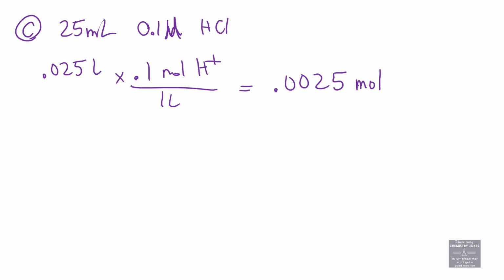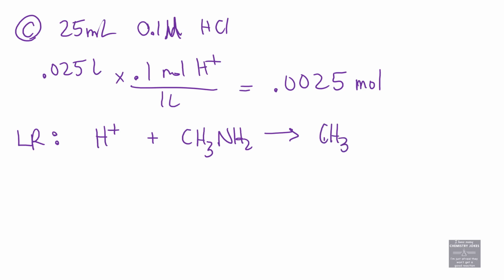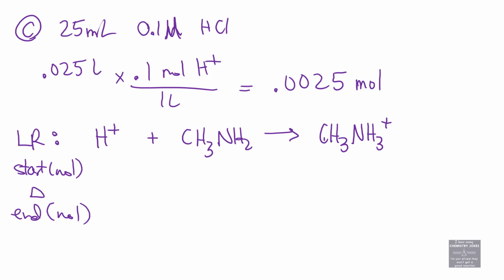Do a limiting reactant table. It should start out a lot the same as the last one. This plus weak base, limiting reactant, CH3NH3 plus. Start and end with moles. I've got 0.0025, 0.0025, 0.